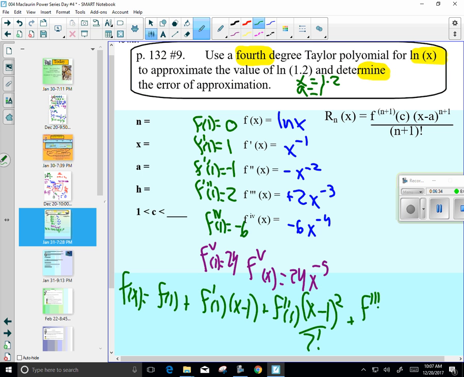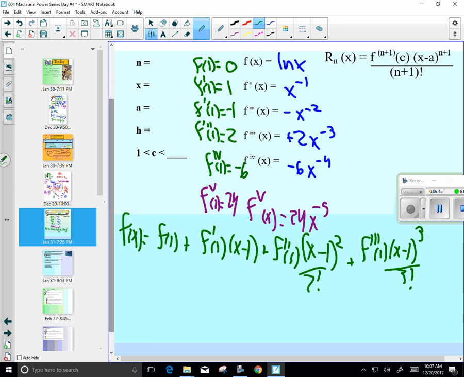F triple prime of 1, x minus 1 cubed over 3 factorial. Are you okay with that? Keep going.